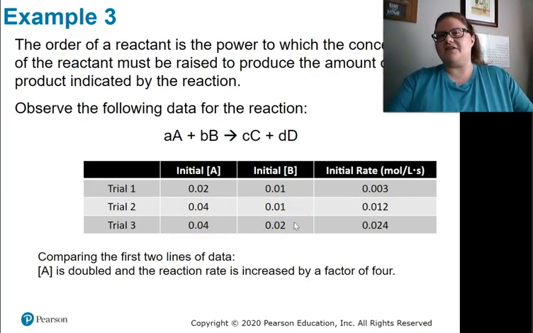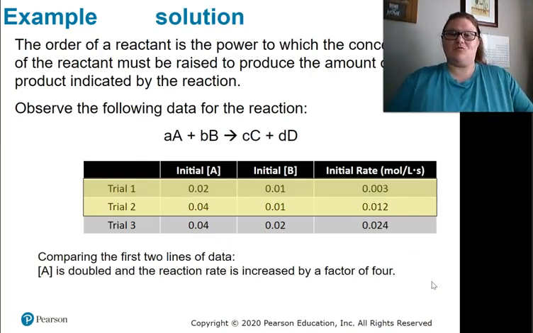So do you see any kind of pattern here? If we look at trials 2 and 3, the concentration of A didn't change, but the concentration of B did. And we have a rate change between trials 2 and 3 as well. So if you're thinking that those are the same concentration of A for those 2 experiments, so that's not a variable we have to consider, and we can calculate just B, you're onto something.